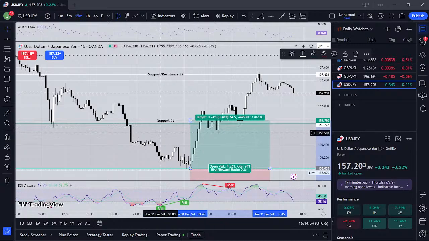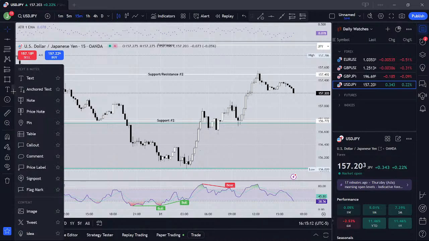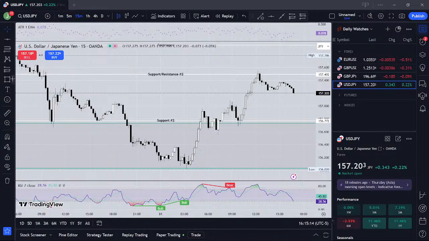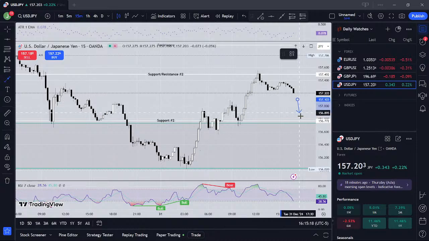So the market went up over here because it touched the support. If I'm not mistaken, at the open of this, the market is going to go down and touch the resistance.